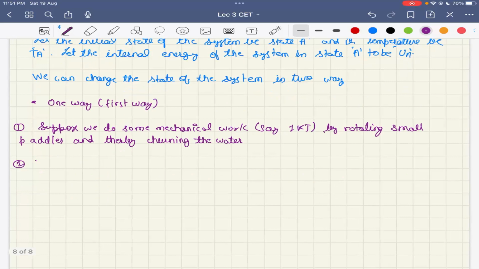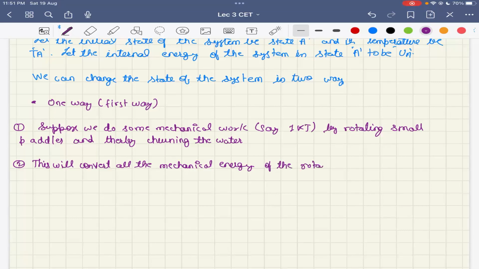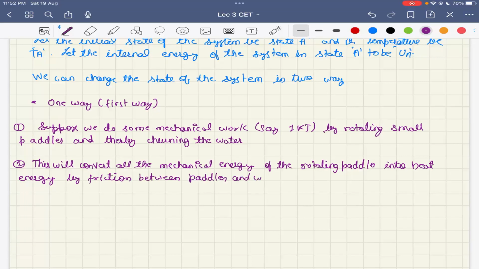This will convert all the mechanical energy of the rotating pedal into heat energy by friction between pedals and water. Yes, this heat will result in the rise of temperature.